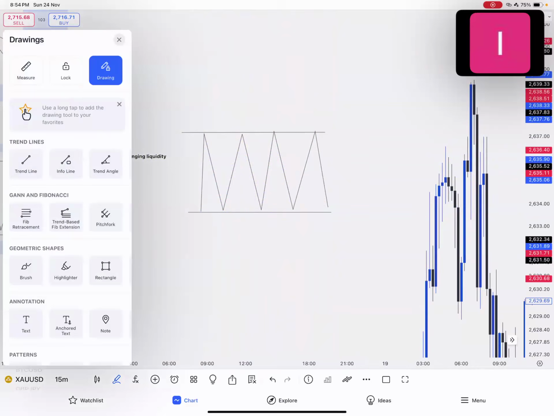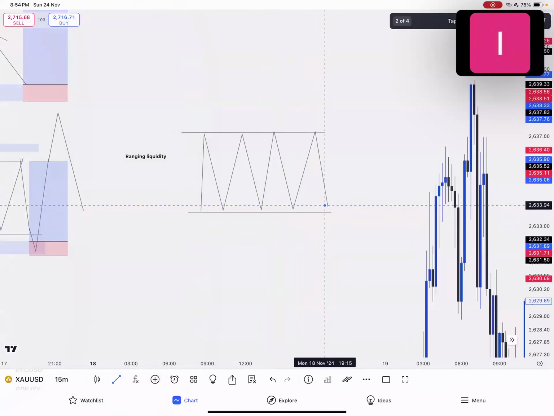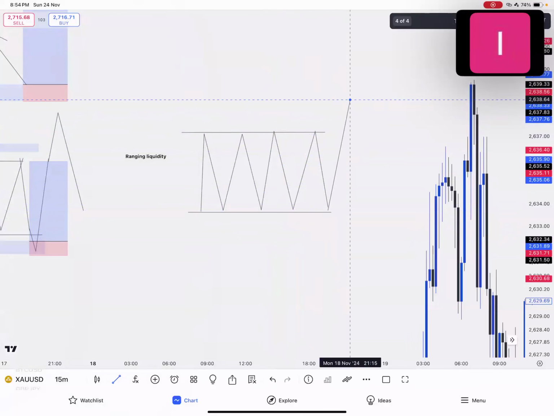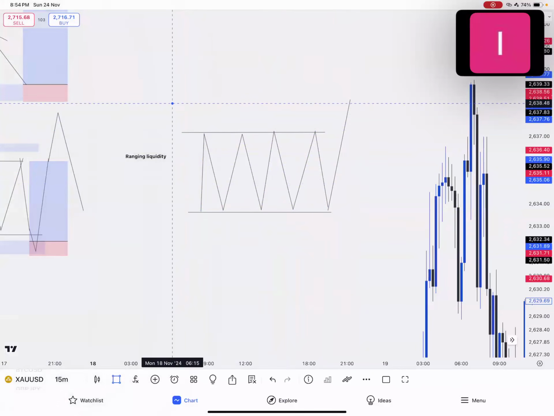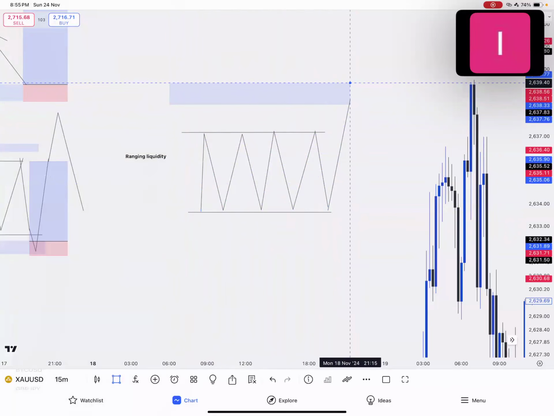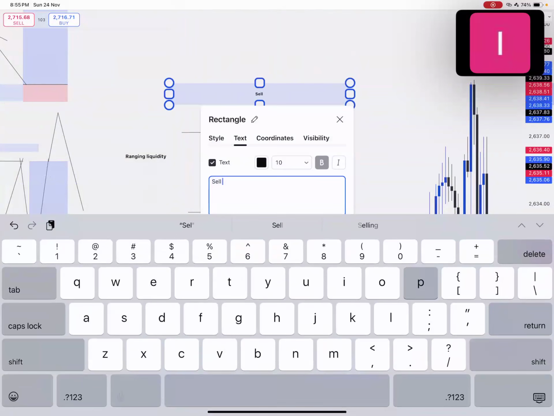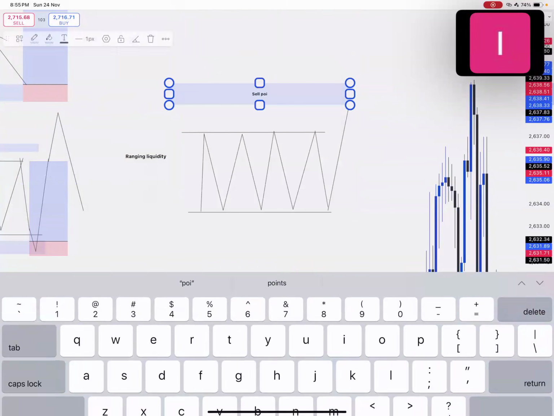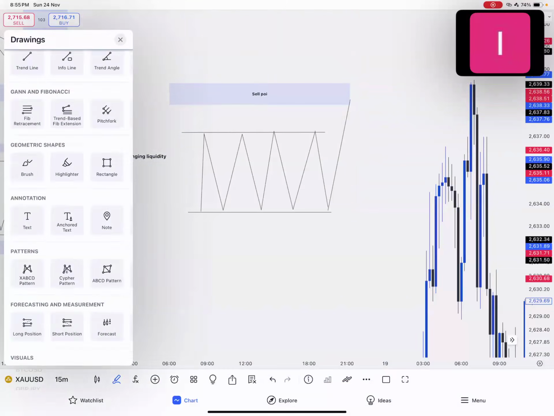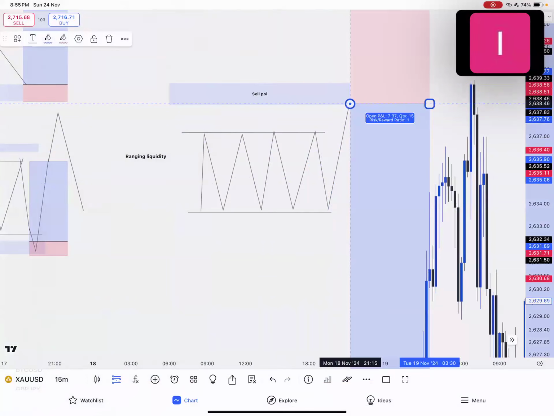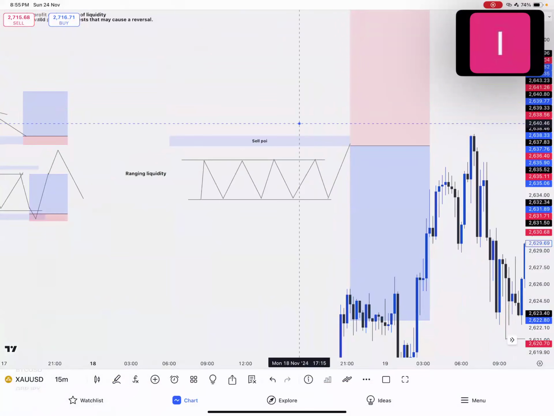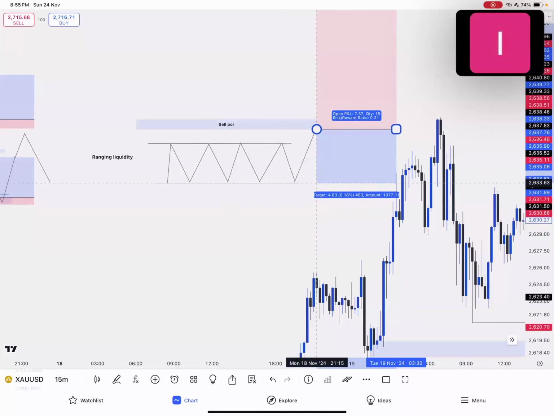So if market should now come and clear the liquidity on this side, your take profit... Let's say, for example, your sell point of interest is there. If this is your sell POI, and market triggers that sell POI, the take profit should be to clear the liquidity on this side also, on the other side of the range here.